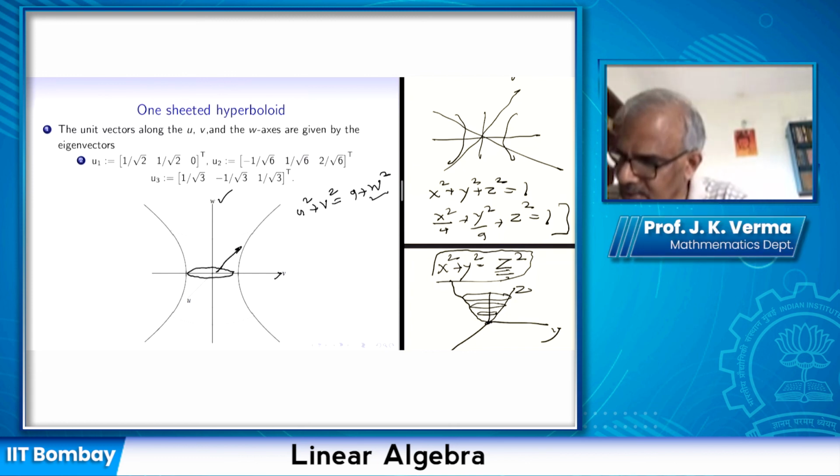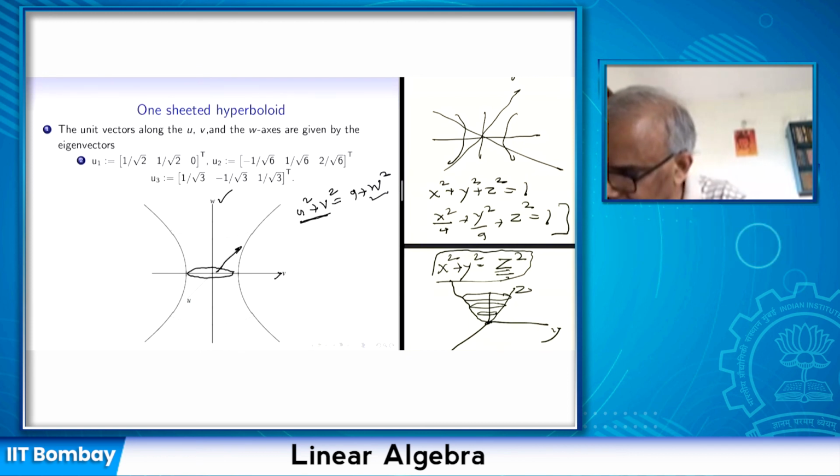As I move in the positive w or negative w direction, the radii of the circles, which are sections of this hyperboloid with planes parallel to the uv plane, become bigger and bigger. As w becomes bigger, I get circles of bigger radius.